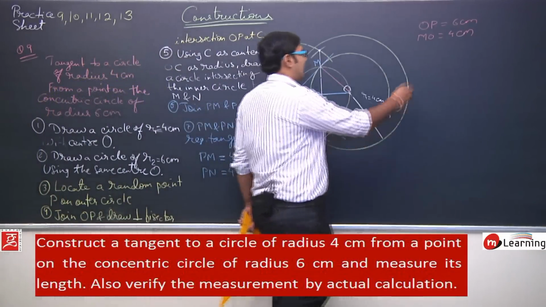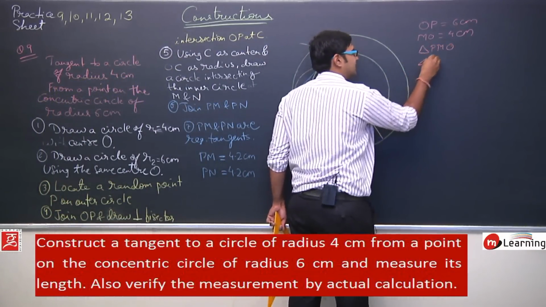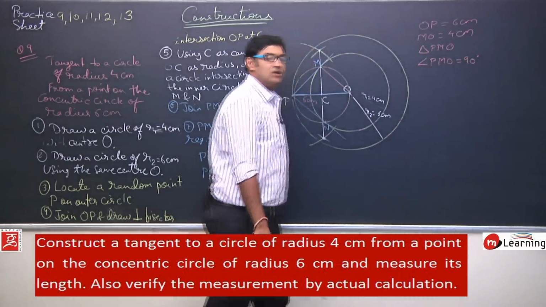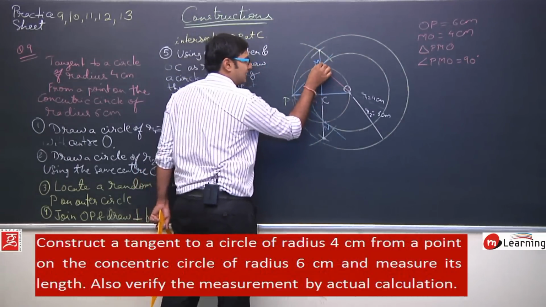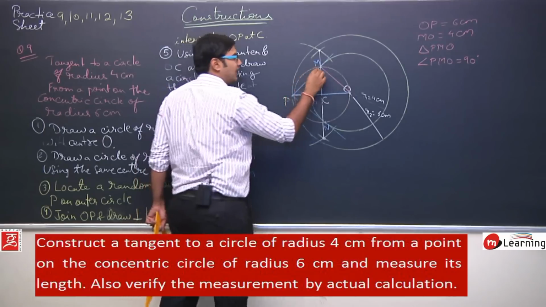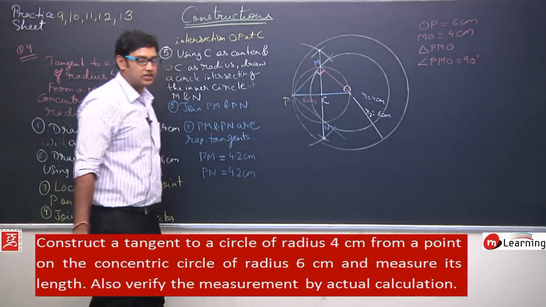Now assume triangle PMO. In this triangle, angle PMO is equal to 90 degrees. Why? Because PM represents the tangent and MO is the radius, and I know that tangent and radius are perpendicular to each other.